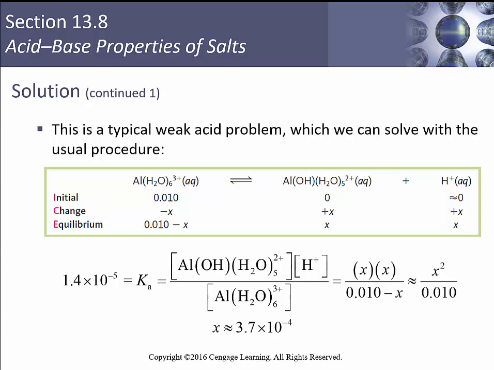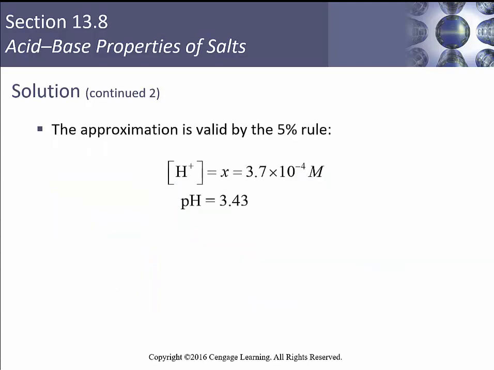We get 0.01 minus X, X, and X. Plugging those values into the equilibrium expression, we end up with X squared over 0.01, assuming that this X here is going to be small. Solving for X, we get 3.7 times 10 to the minus 4. And that is our H plus concentration, equal to X. So our pH is going to be somewhere around 4, and we end up with 3.43.